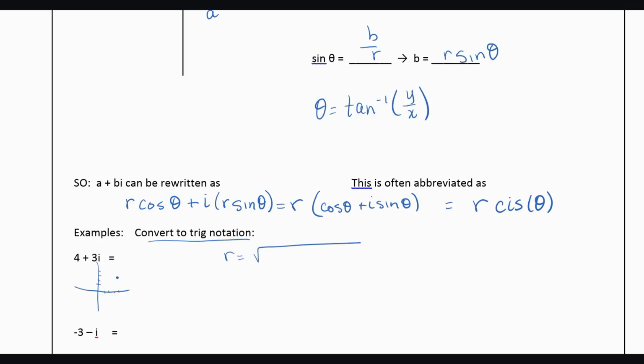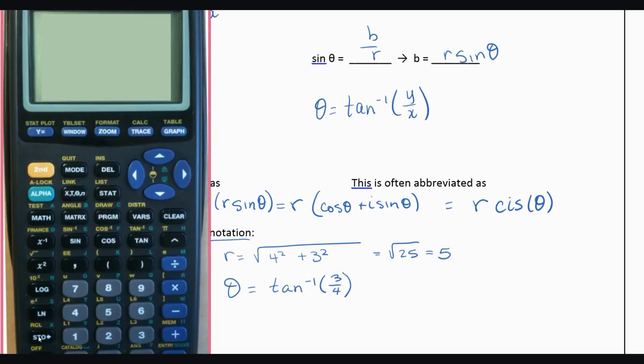So this would be the square root of 4 squared plus 3 squared, which would be 16 plus 9, so we have the square root of 25, which is 5. So our r is 5, and then for our theta, we want to take tangent inverse of 3/4, which isn't on our unit circle, so we will have to use our calculator.